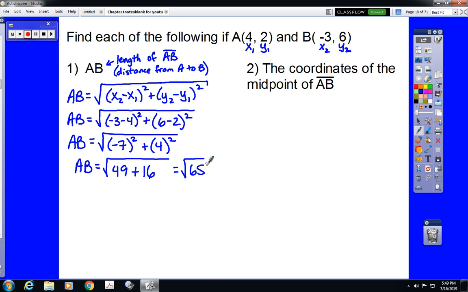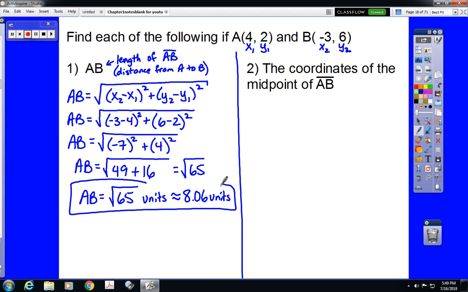This is another place where algebra comes into play. In theory, we should check to see if root 65 will reduce. It will not. So we would either say root 65 units, which would be an exact answer, or approximately 8.06, which is the decimal approximation to the nearest hundredth, units.